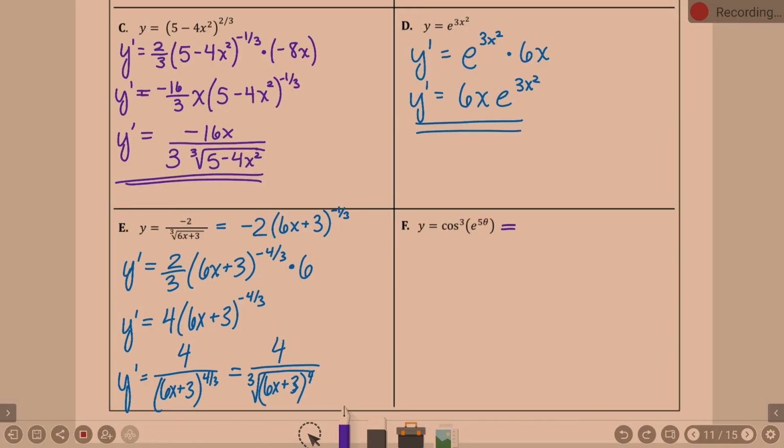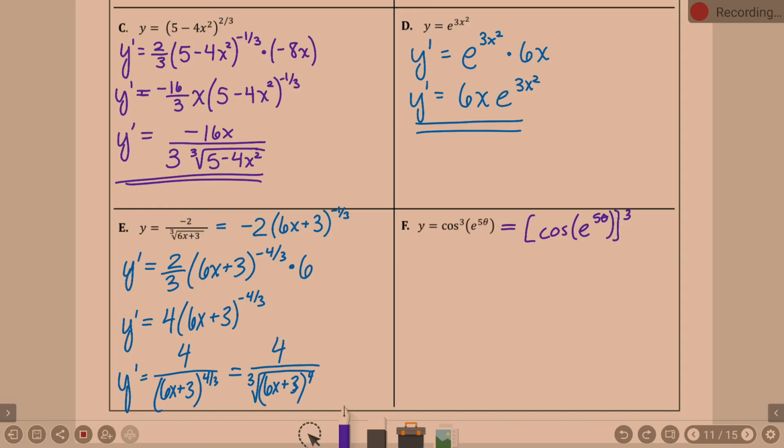Before we get started on F, I want to do a rewrite. This is cosine cubed of e to the 5 theta. Cosine cubed is another way of saying cosine of e to the 5 theta raised to the 3rd power.